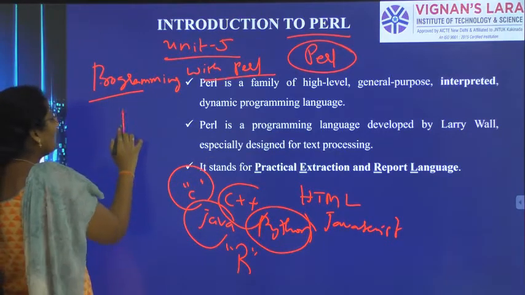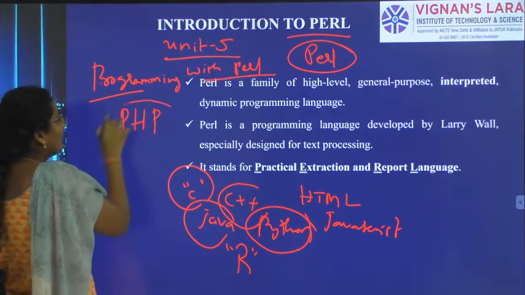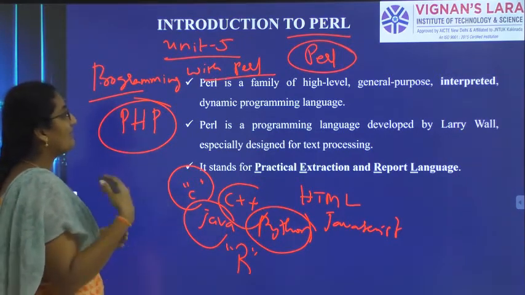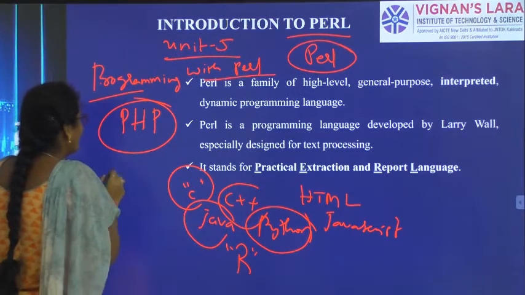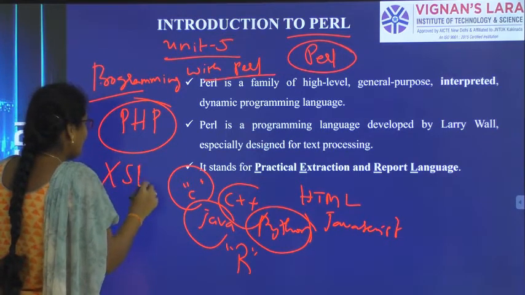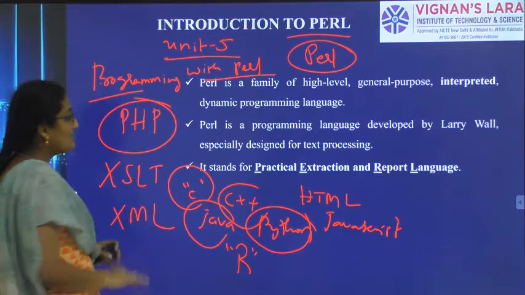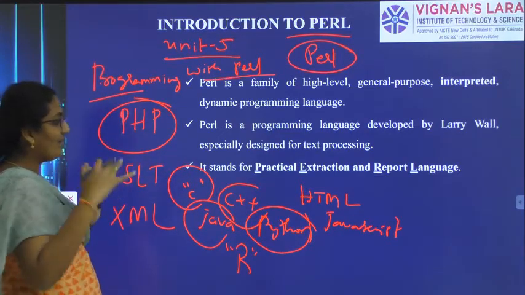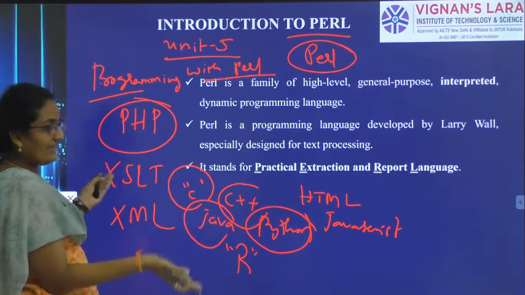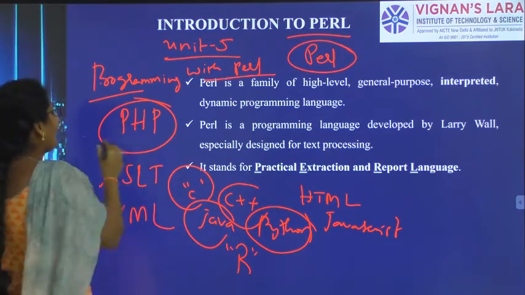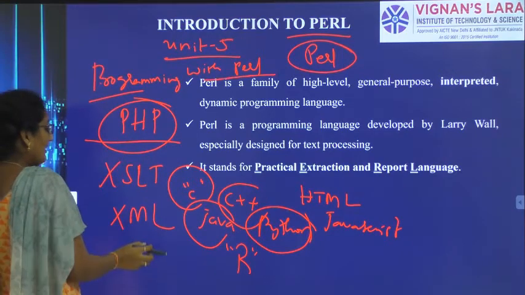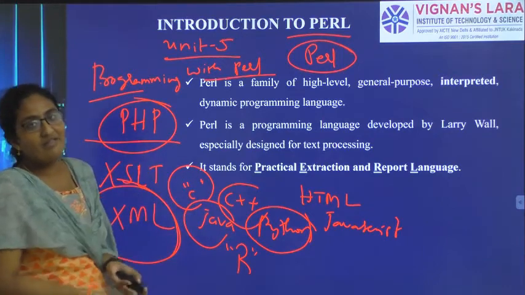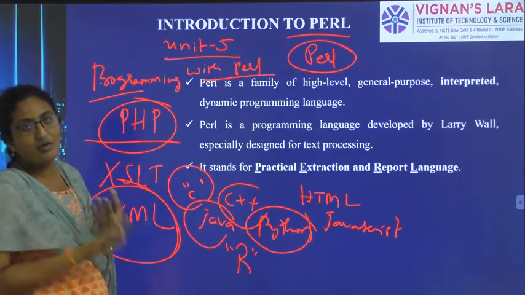For that purpose we have learned PHP also, right? For validating PHP forms, we know XML and XSLT. So till now we have learned everything, starting from C programming, C++, Java, Python, R programming, and for static pages HTML, JavaScript, and for dynamic pages PHP and XML. So many programming languages you have learned from the beginning of your BTech.